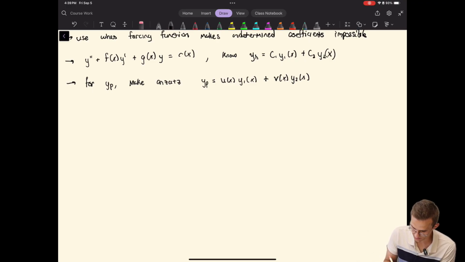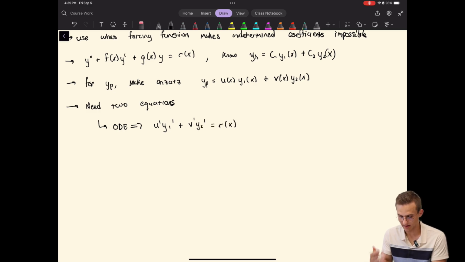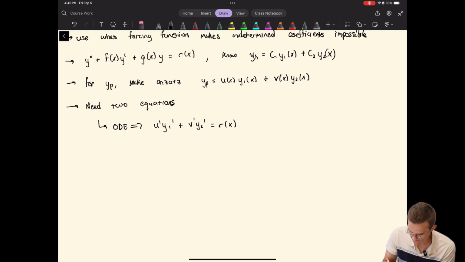So we need two equations. One of them comes from the ODE, which tells us that u prime y1 prime plus v prime y2 prime is equal to r of x. Okay, that just comes from plugging yp into the differential equation. You can do that on your own if you like. And then we make one clever choice because it's free.